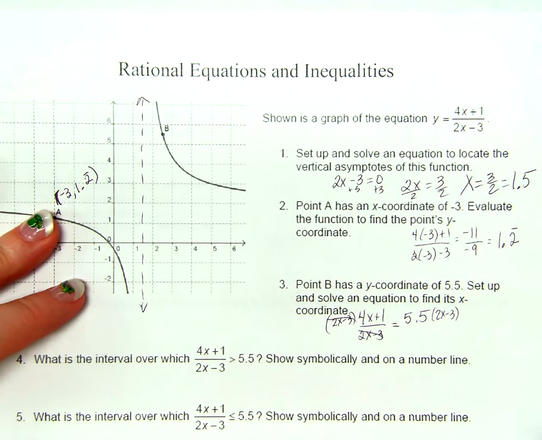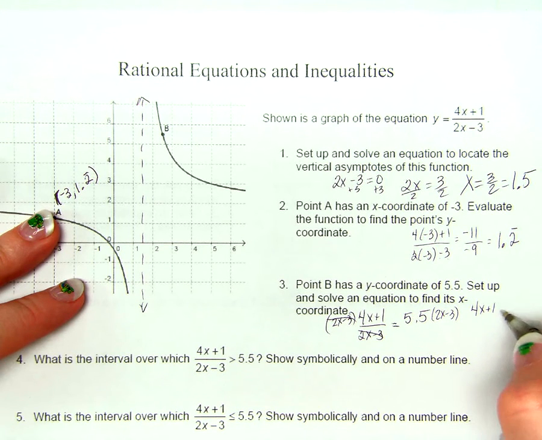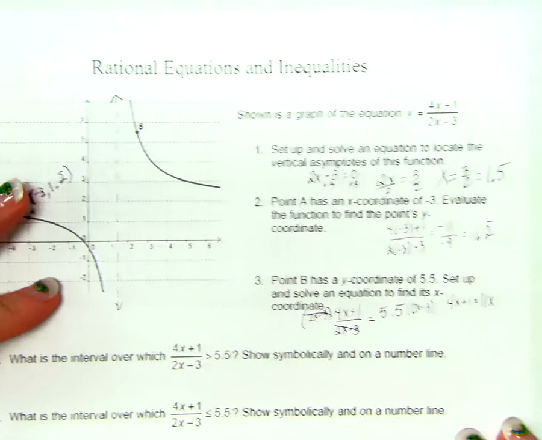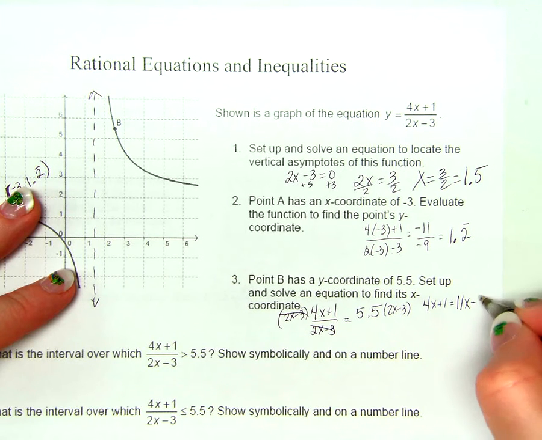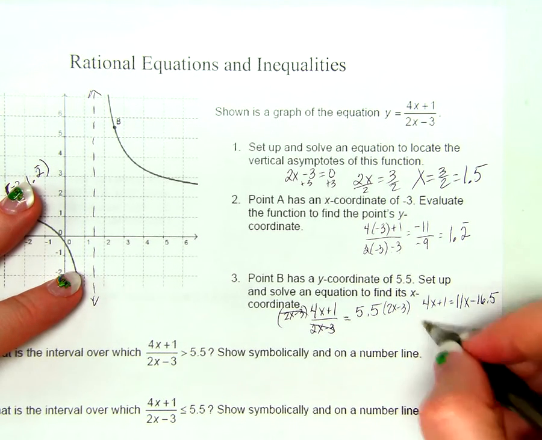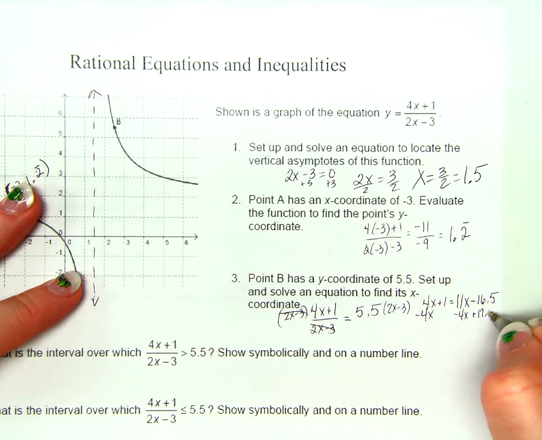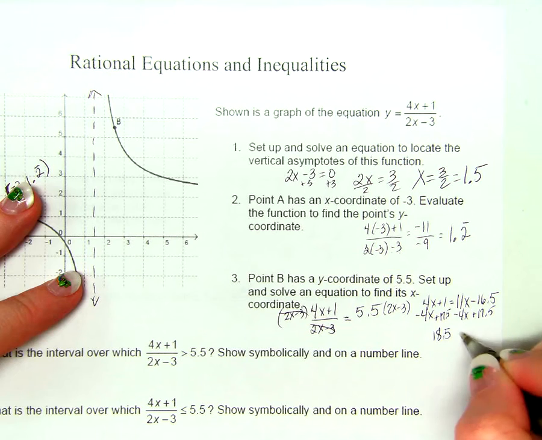That cancels. We have 4x plus 1 equals 5.5 times 2x, that's 11x, minus 5.5 times 3. So let's subtract 4x from both sides and add 17.5 to both sides. So I get 18.5.